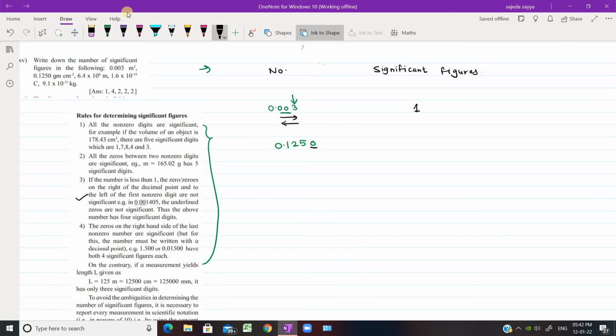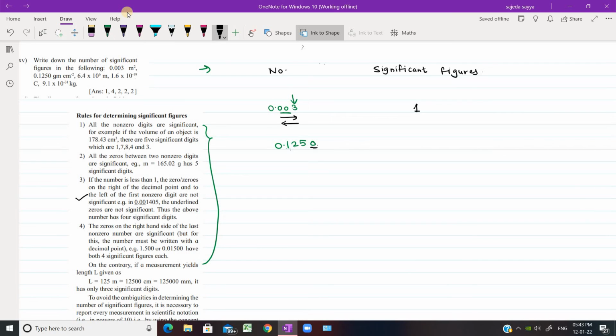Why is this zero taken into consideration as a significant figure? Because this number indicates that, whatever the measuring instrument may be, its least count is 0.0001. It means that the measurement can be done up to 4 significant figures.